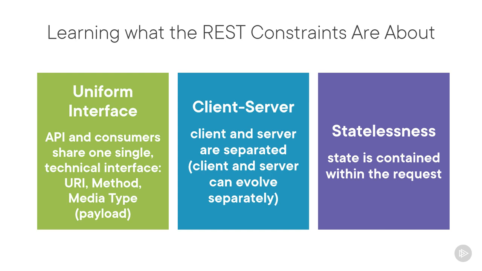The third constraint is statelessness. You might have guessed that one from the explanation of the acronym we just learned about. This means that the necessary state to handle every request is contained within the request itself. State is thus not kept on the server but on the client. And when a client requests a resource, that request contains all the information necessary to service the request.